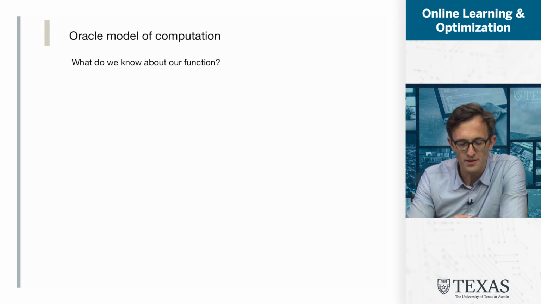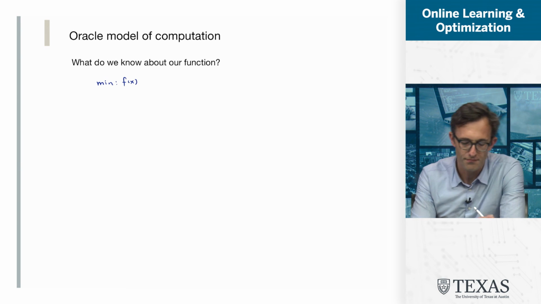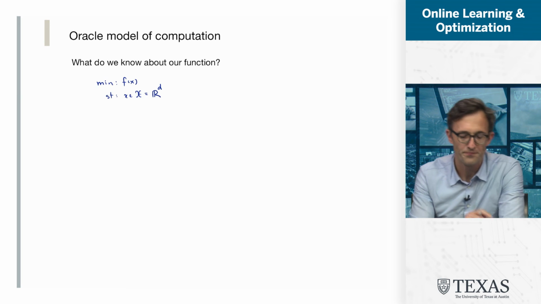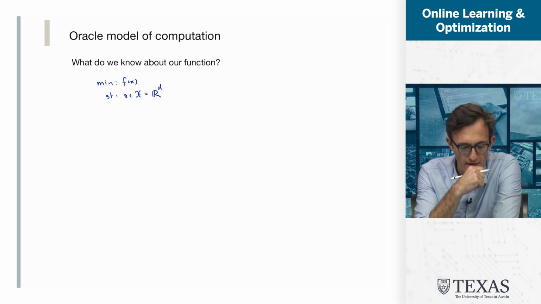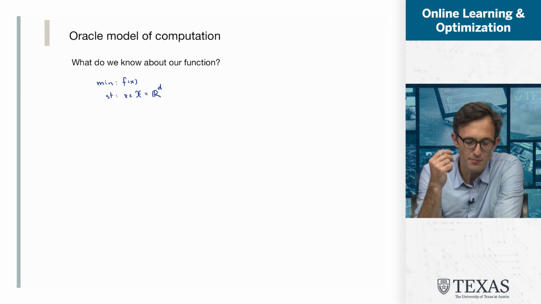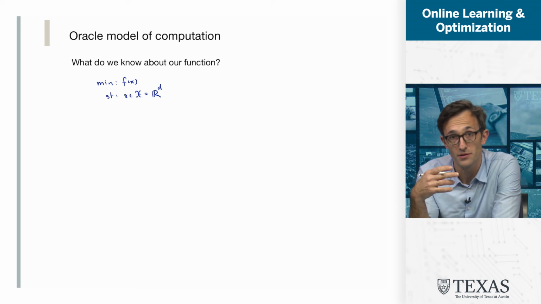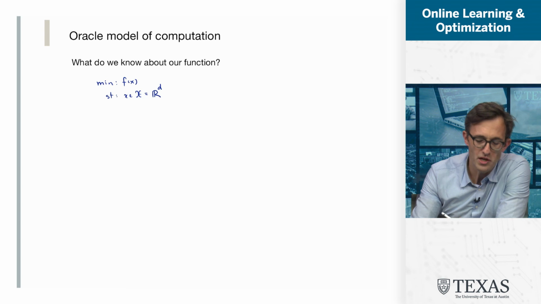So really the question is, we're trying to solve the problem: minimize f of x. And for now, let's just say that our constraint set is everything. Now, the way to make precise this idea of complexity and optimality in terms of convergence rate is to say, what do we know about our function?